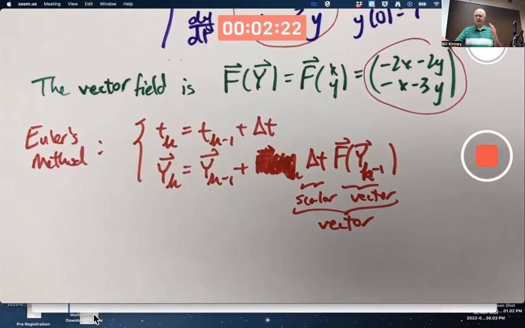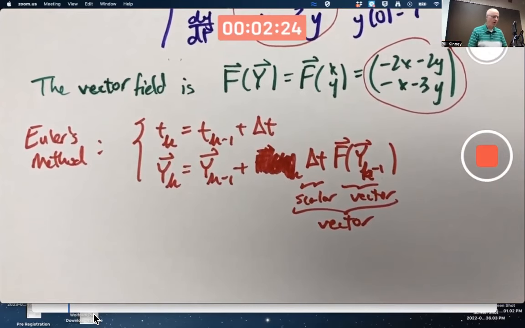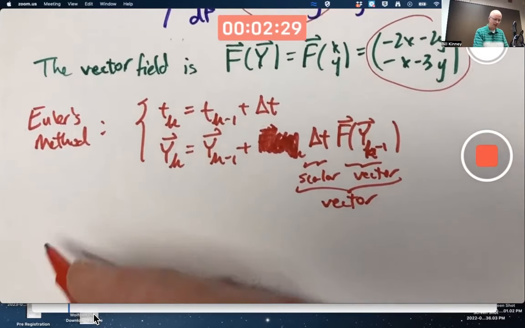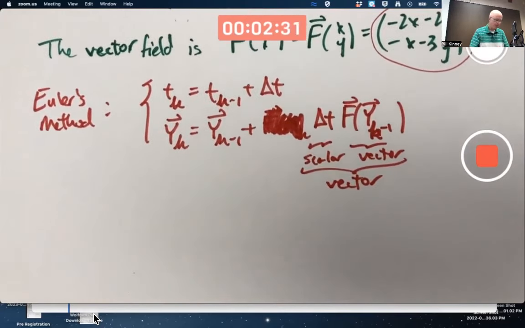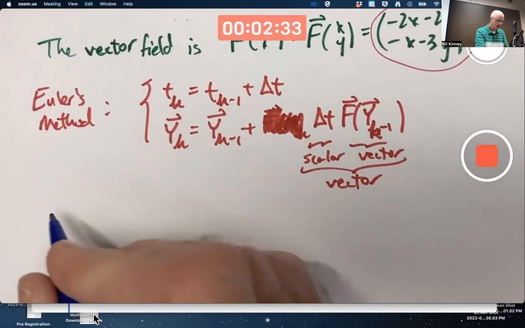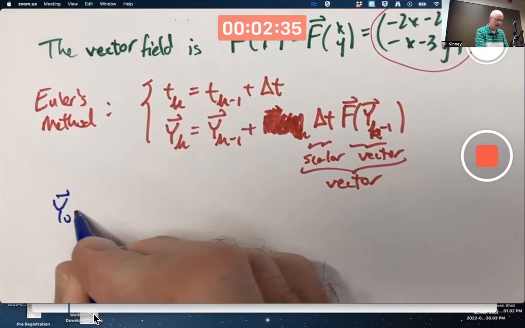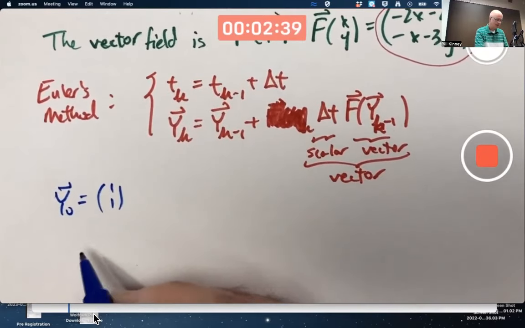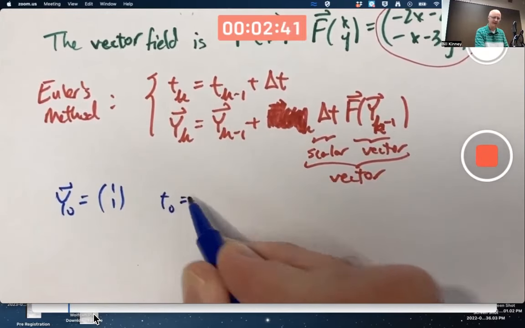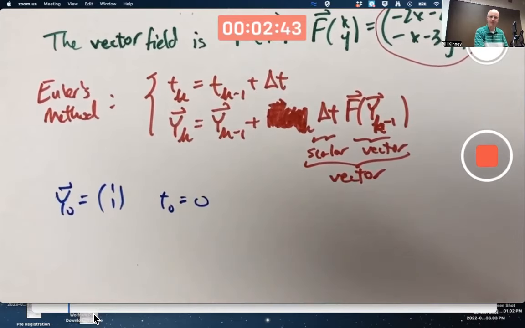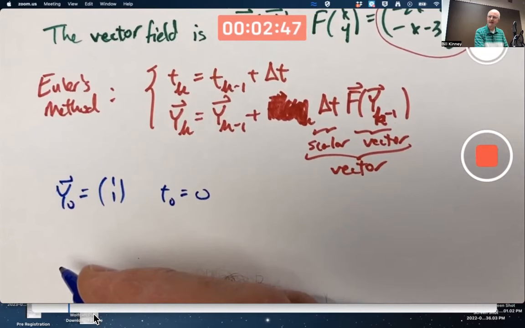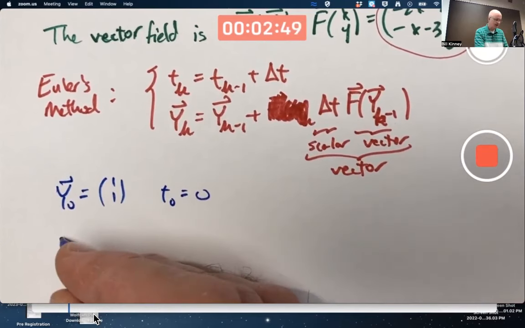You can make tables like you found in the book, or I prefer writing things out in vector form. Again, y0 is what's given. Y sub 0 is the given vector 1, 1. That's easy. T0, the initial value of t, is 0. I think it is good to emphasize what t is each time.